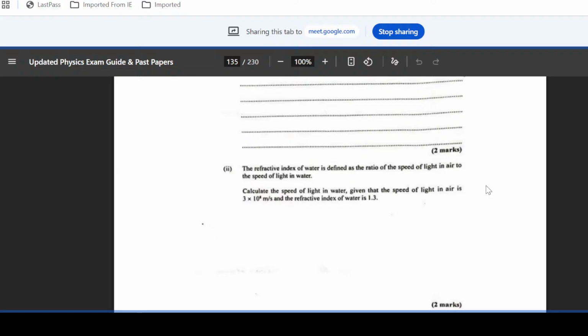So v1 upon n, so you're saying it's 3 times 10 to the 8 divided by 1.3. Alright, so what's the new speed? What's v2?